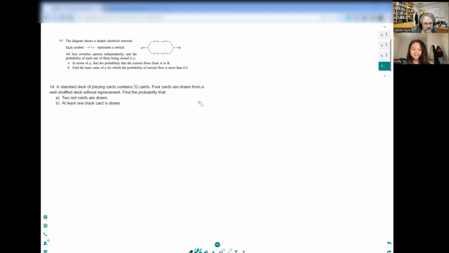So we're doing probability, and this is one of the questions in the high mathematics workbook. What's probability? The chance of something to occur. Okay. How do you calculate it?